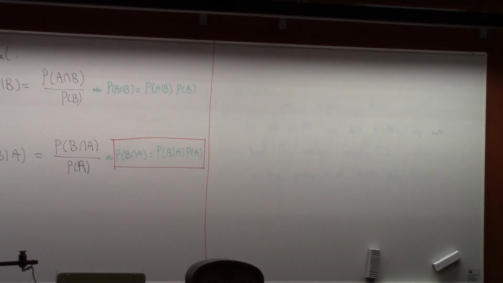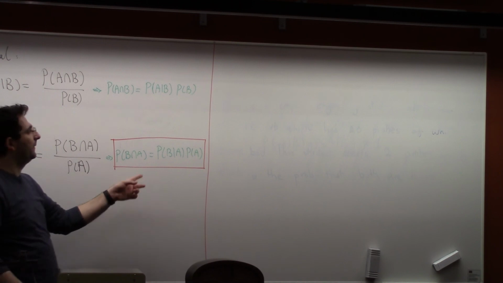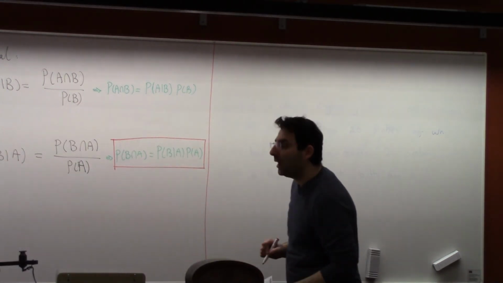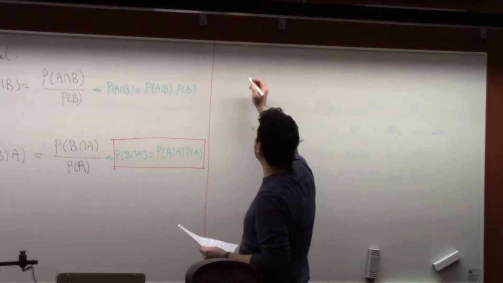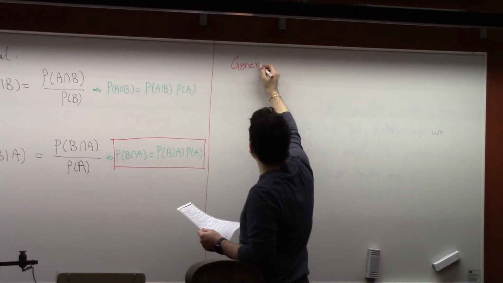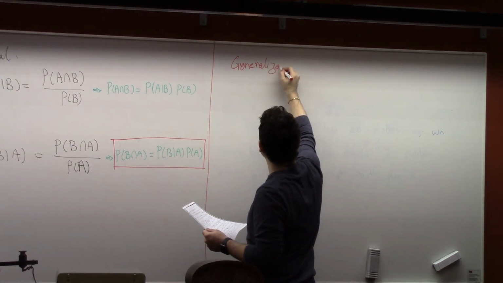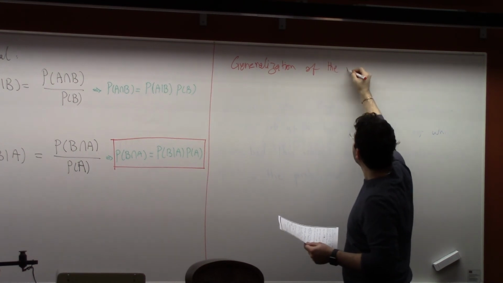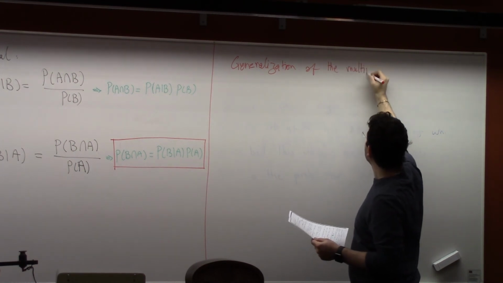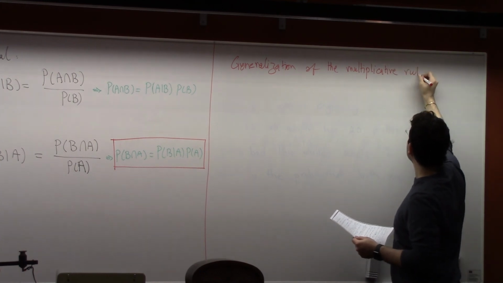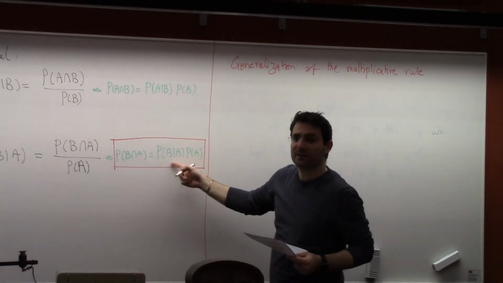This rule that I have put here in red, or the above one, is called the multiplicative rule, and we want to write the general form of that, which is the generalization of the multiplicative rule. For 2 it is here.